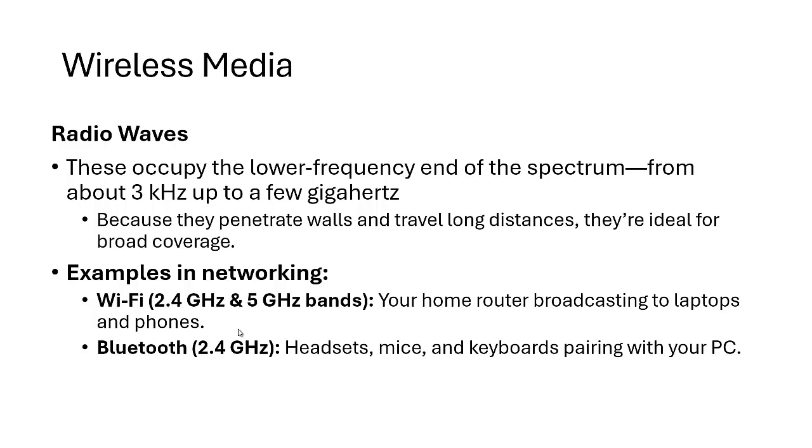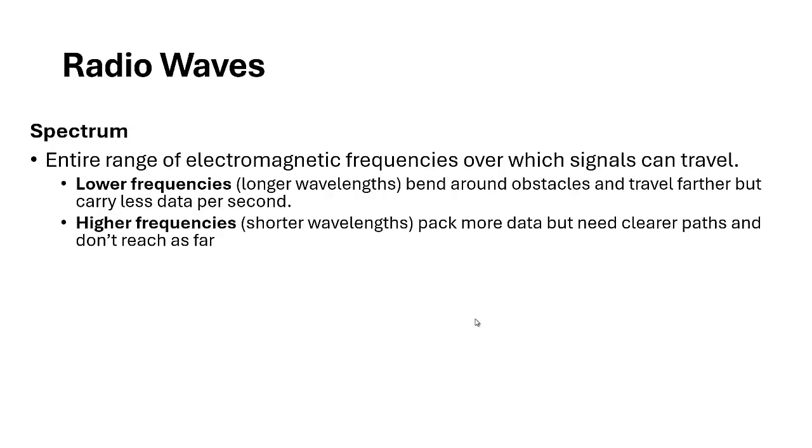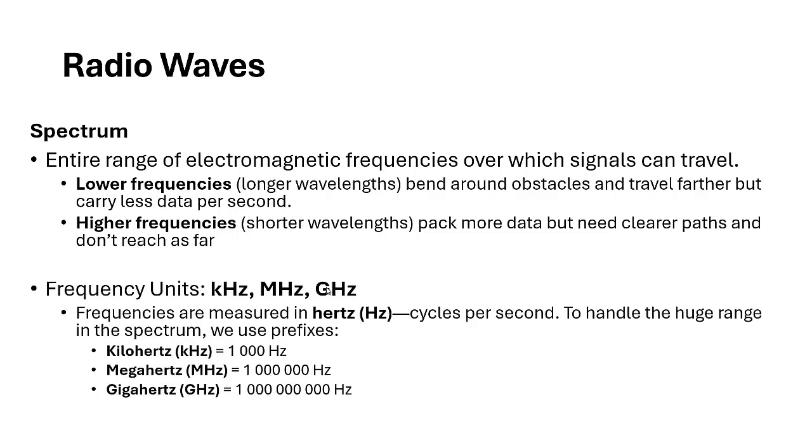Let me explain. As I said, spectrum is the range of electromagnetic frequencies over which signals can travel. Lower frequency bends around obstacles, and higher frequency packs more data. Now the question is, what are the frequency units? Spectrum is like a long invisible highway, used to send all sorts of wireless signals like your phone calls, Wi-Fi, and even signals from satellites.